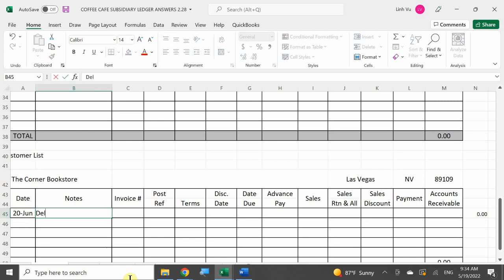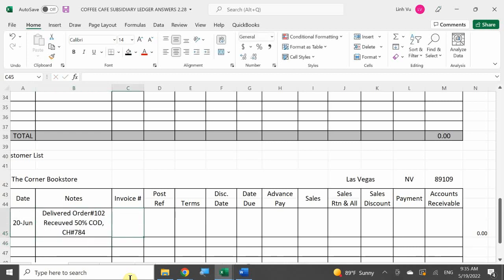You could say delivered order, I guess you could say delivered order number 102, received 50% COD, which was check number 784.